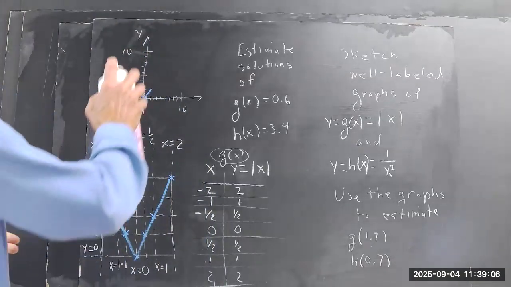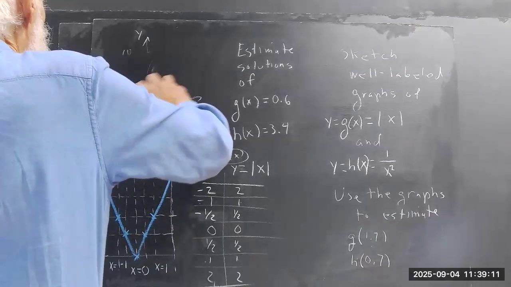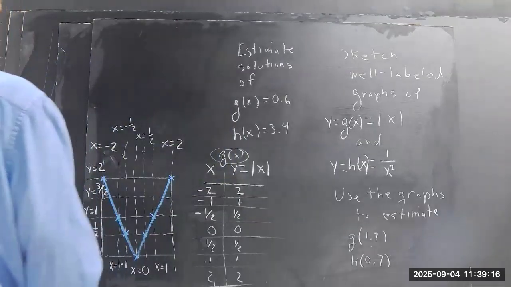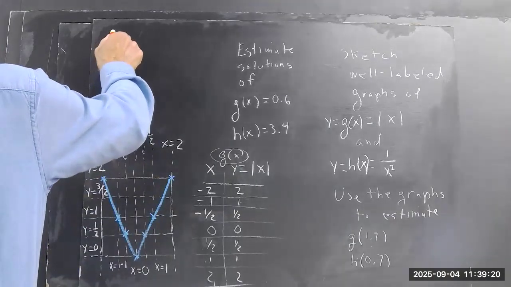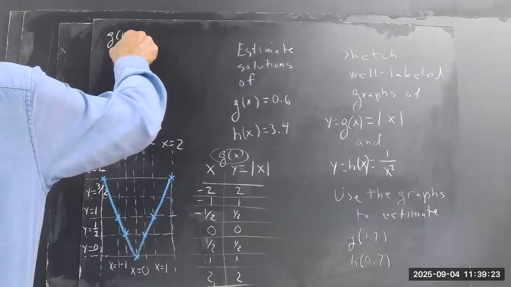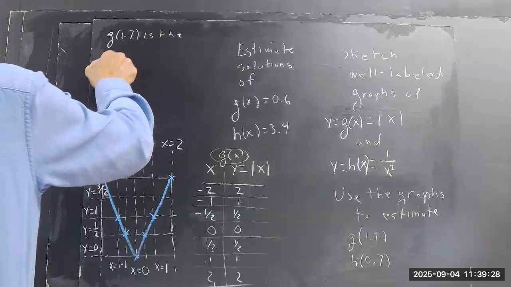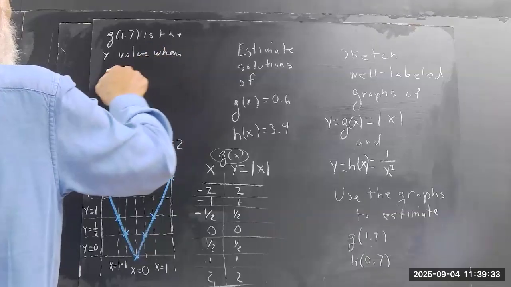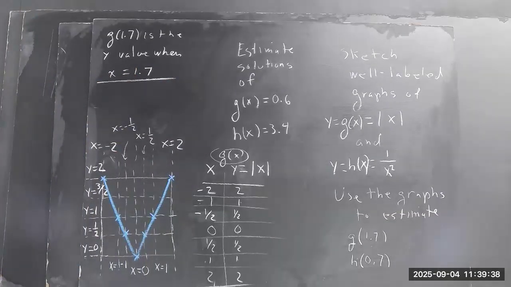I need more room to write, and I don't want to go to a new board. So I'm going to erase this useless graph up here. Okay. G of 1.7 is a y value when x equals 1.7.